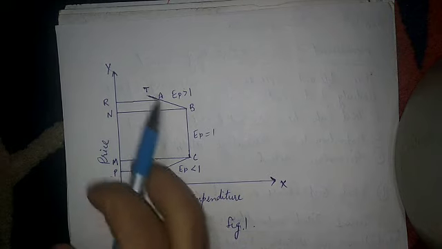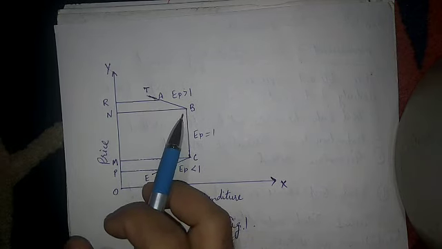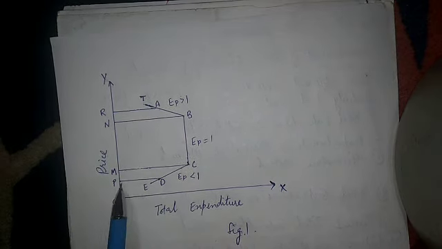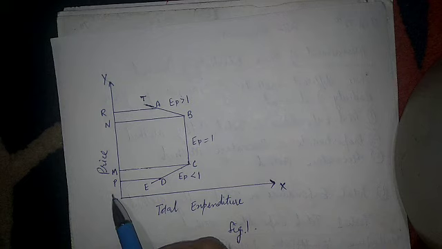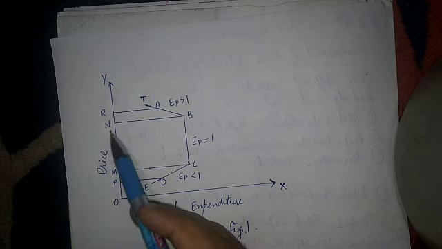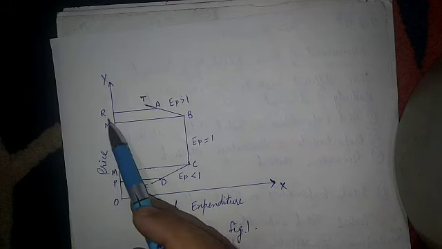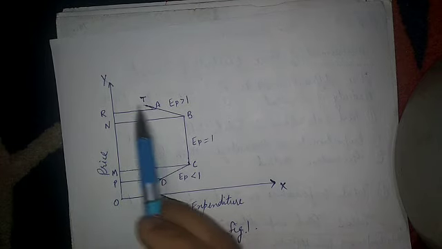Now you see this TB part of the total expenditure curve represents greater than unitary elastic demand. It shows that when the price rises from ON to OR, the total expenditure falls from NB to RA.